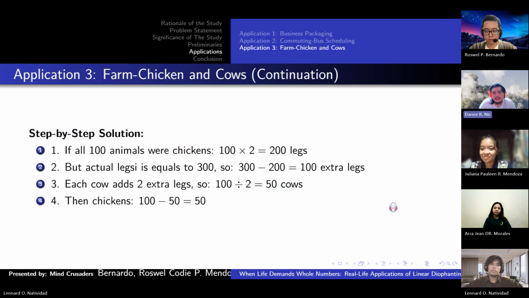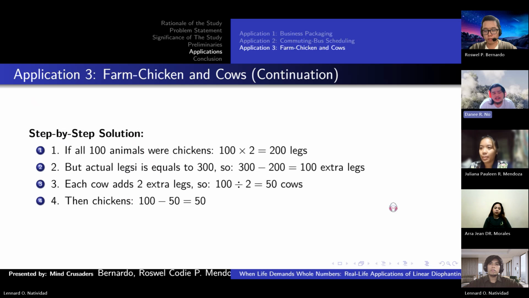Now, to solve this step by step, let's imagine first a scenario where all 100 animals were chickens. If that were the case, we would have 100 times 2 legs, which equals only 200 legs. But the farmer told us there are 300 legs in total. So we have a difference of 100 extra legs that we need to account for.